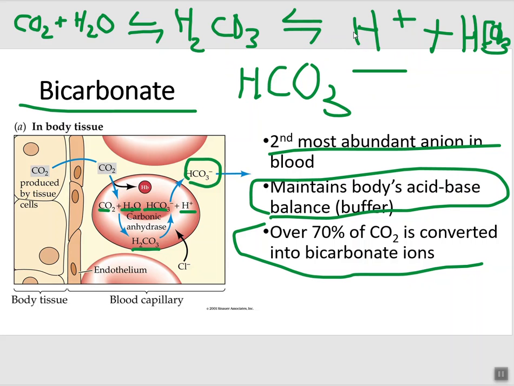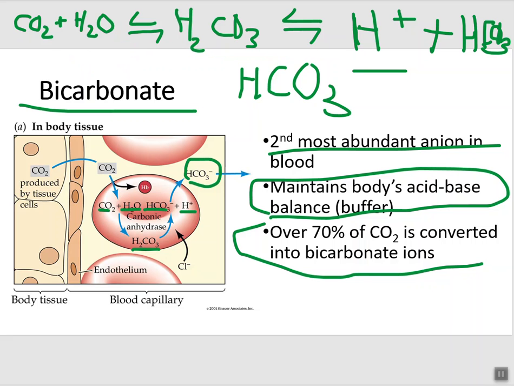If I have too much hydrogen ions here, that's acidosis, then this thing is going to go this way. I'm going to take those excess hydrogens, bind them with bicarb, turn them into carbonic acid, and then that carbonic anhydrase, that enzyme, is going to break it down into CO2 and water. CO2 I breathe out, okay? That's what happens if I have too much. That's acidosis.